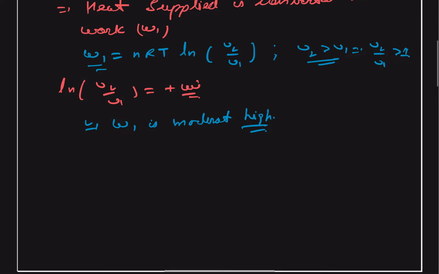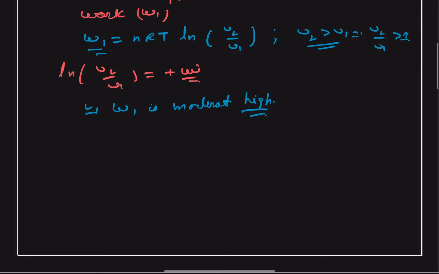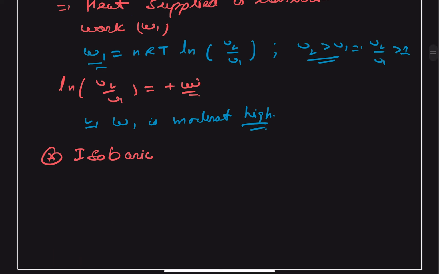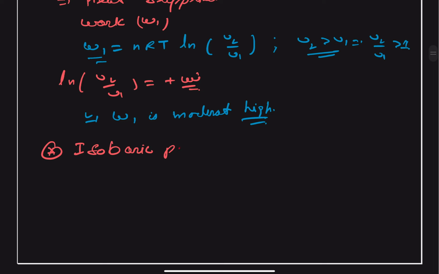Now let us discuss the second process, that is our isobaric process. And in this case, the work done is given as W2.